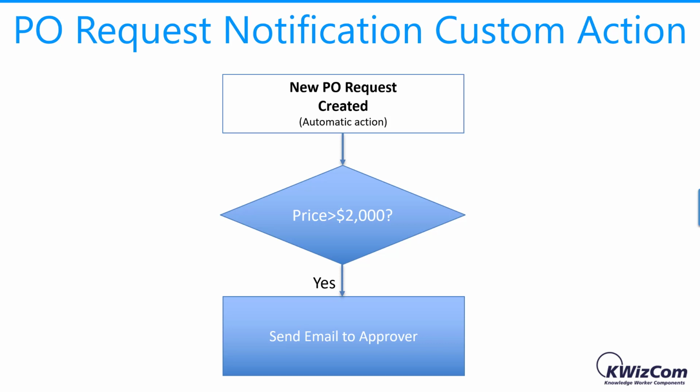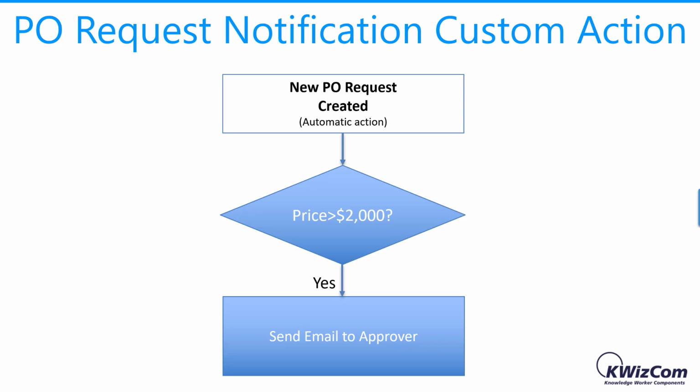We had a single activity executed by this custom action. It was the send email activity that we created in the previous video. And we also had a condition which said only if the price of this new item exceeds $2,000, only then the send email activity was executed.